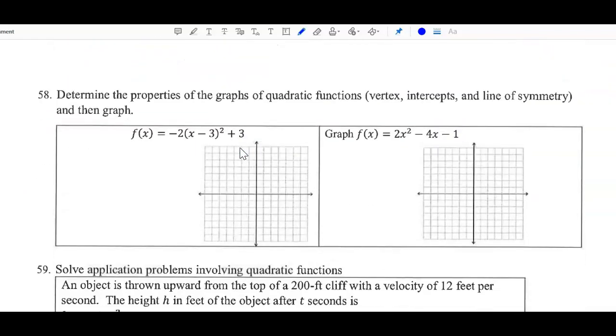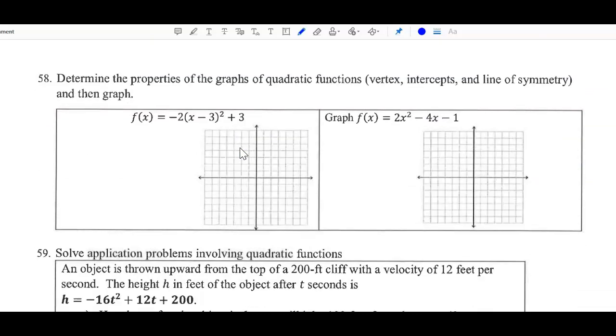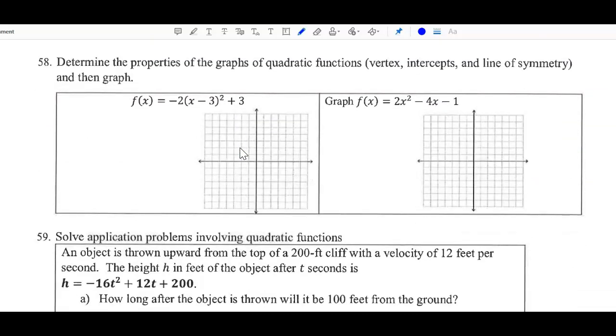All right, let's look at maybe a few of these. This 58A, as I'll call it, is in vertex form, and this one's in standard form. But we want to make sure that you know how to find the vertex, the intercepts, and the line of symmetry when it's written either way.